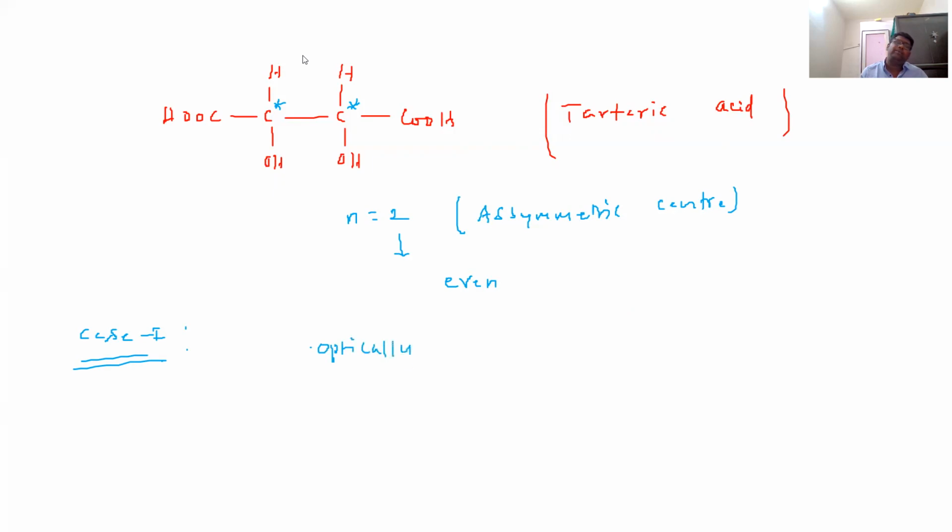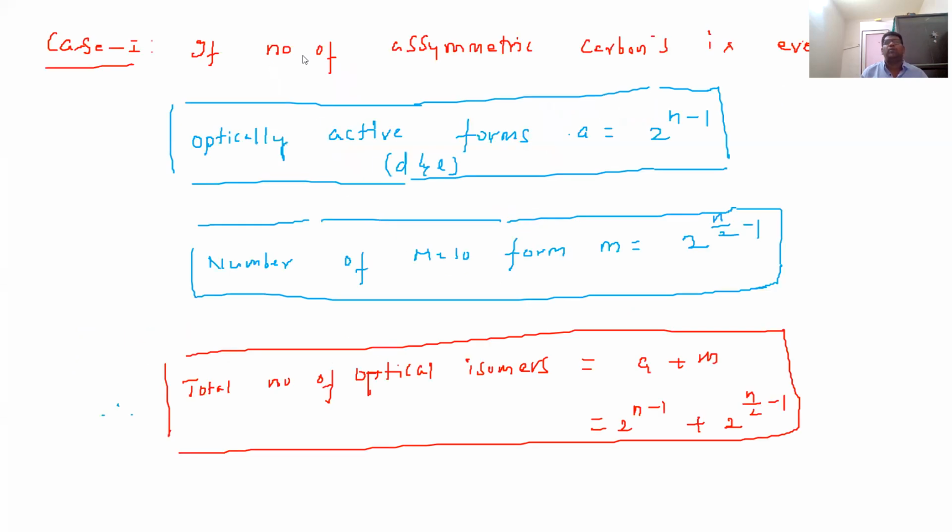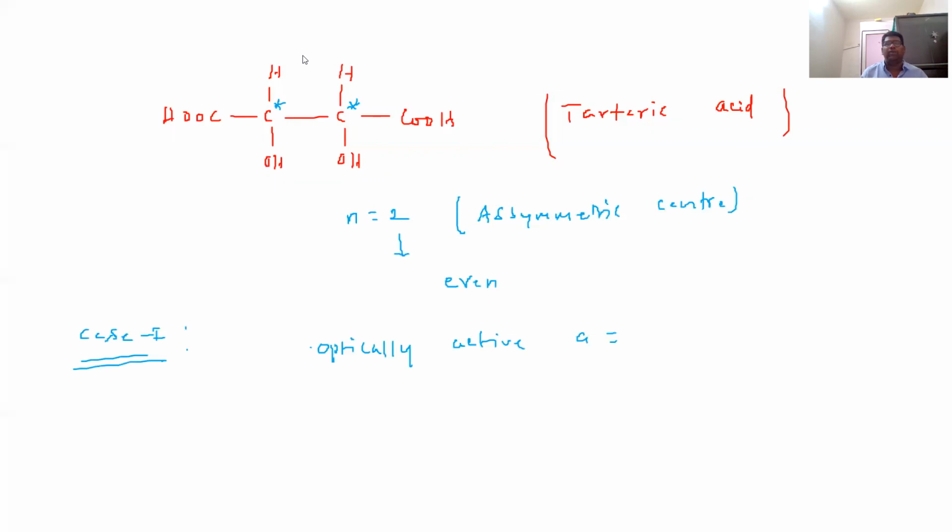What is the formula? A is equal to 2 power n minus 1. Write down the formula: 2 power n minus 1. If n is 2, therefore A is equal to 2 power 2 minus 1. Therefore, the total number of optically active forms is 2.